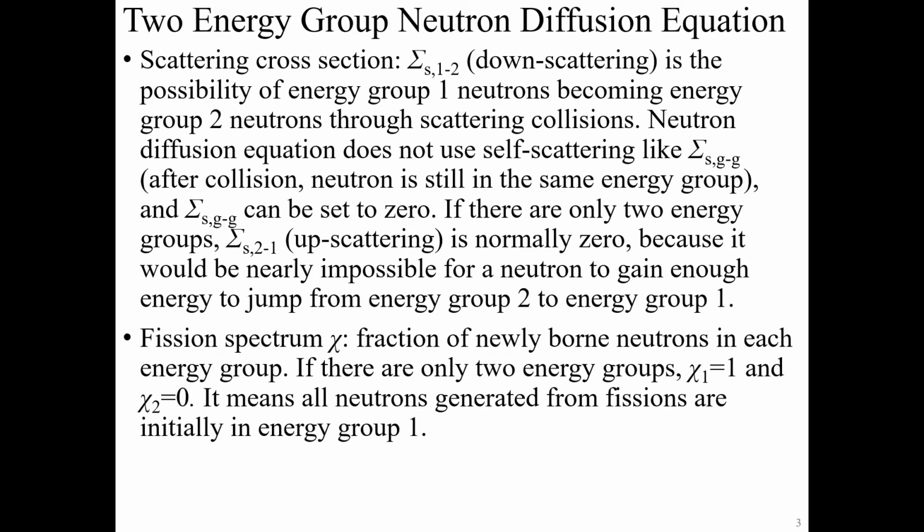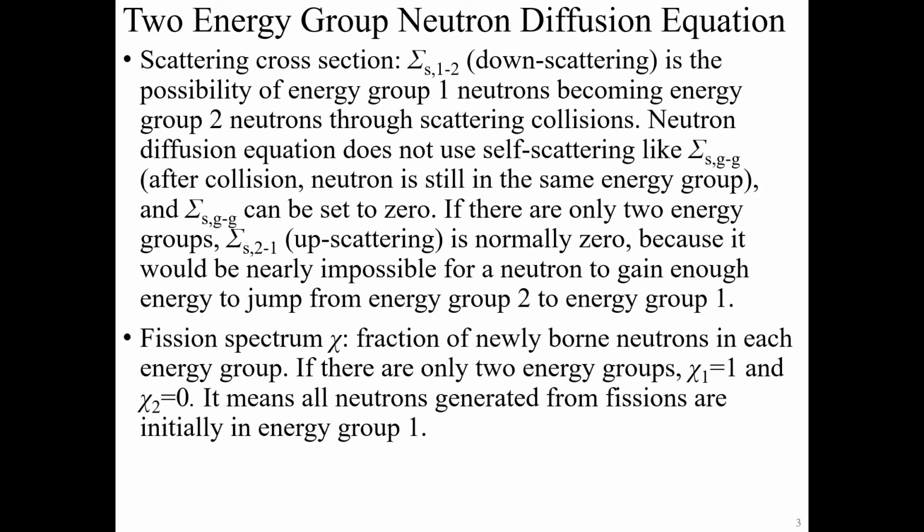In addition, we also have the fission spectrum chi. It looks like X, but it's the Greek letter chi. This chi represents the fraction of newly born neutrons in each energy group. The neutrons are generated after each fission, and those newly generated neutrons have different energies.